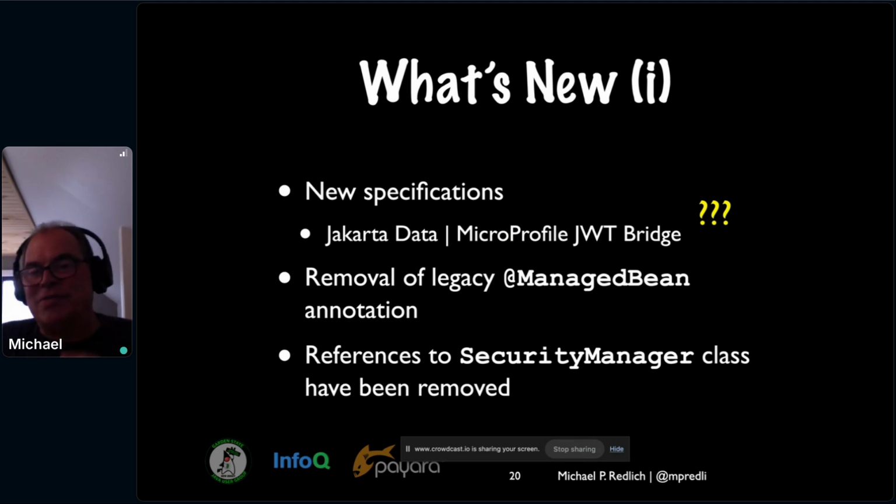It's still there, but it is deprecated. To be honest, I don't know when it will finally be removed. As far as JDK 23, which gets released next month, I think it will still be there. So stay tuned for that.